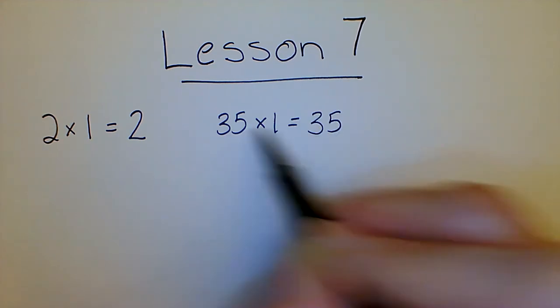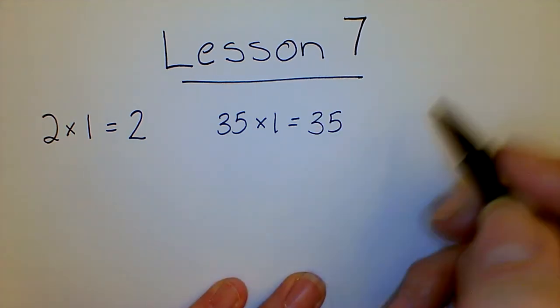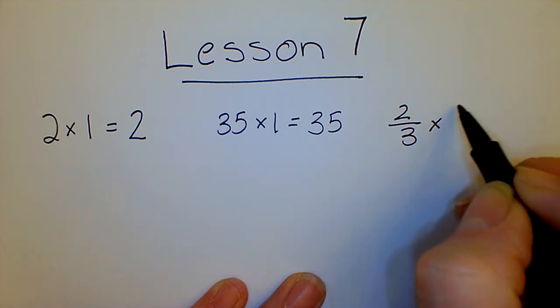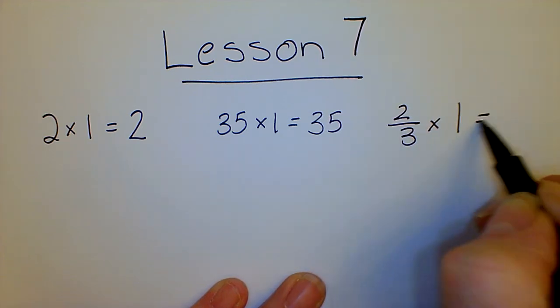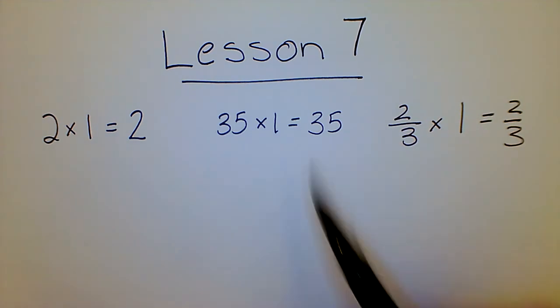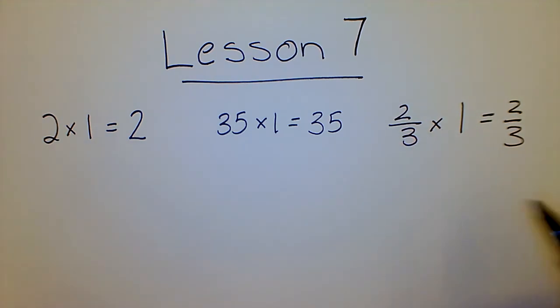It also keeps its identity. It stays the same. Or if I had 2/3 and I multiplied that times 1, 2/3 is going to be my answer. It's going to stay the same. So 2 stays 2, 35 stays 35, and 2/3 stays 2/3. So that's why 1 doesn't really change things. If you multiply by 1, you are not changing the value of the number.